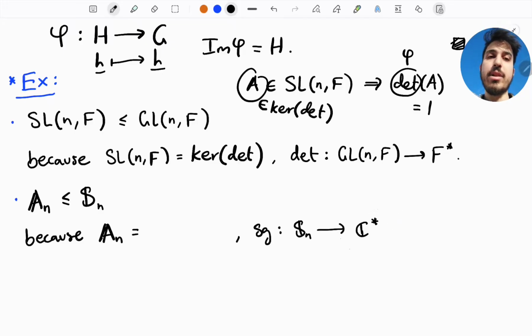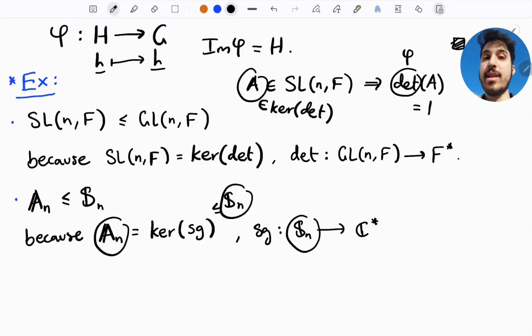So using the same argument, we can say that A_n, the alternating group, is equal to the kernel of the sign homomorphism. And again, the kernel of the homomorphism is a subgroup of G, which in this case, G is S_n. So this means that A_n is a subgroup of S_n.